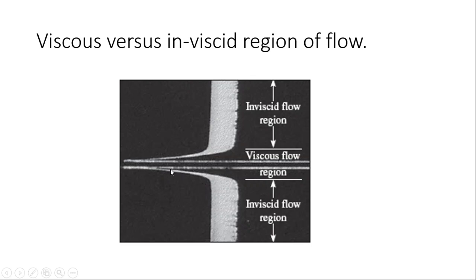Then we can see from this part to this upper part the velocity gradient is much higher, and lower than this part we are unable to see any great velocity change in the flow pattern. So again we can categorize the flow into two categories: one is the viscous flow region and the second is the inviscid flow region.